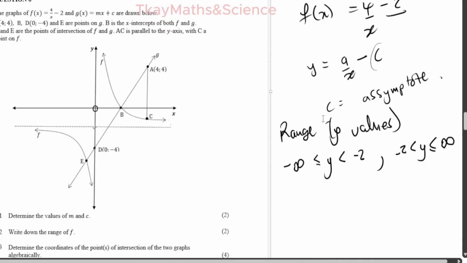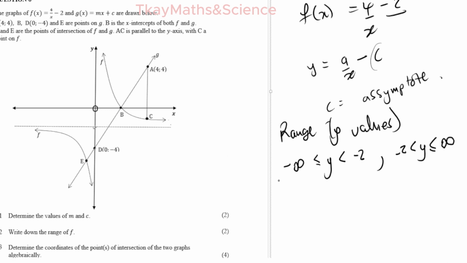On these points, the point of intersection, we see here and here, right?